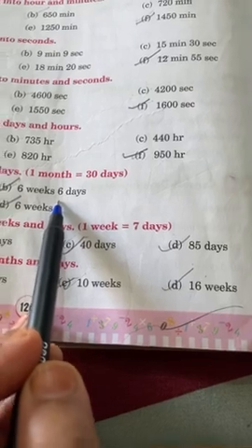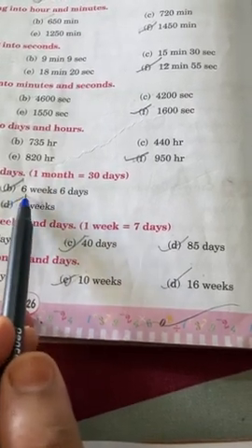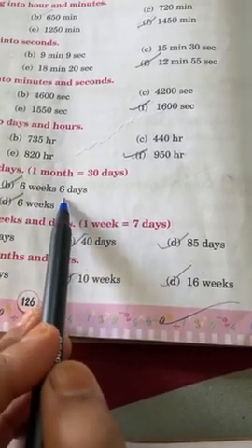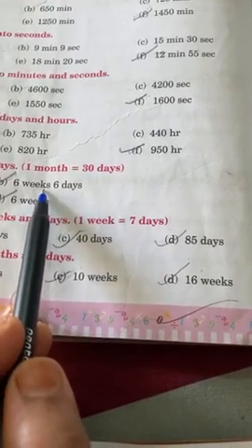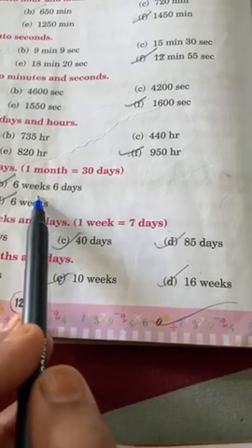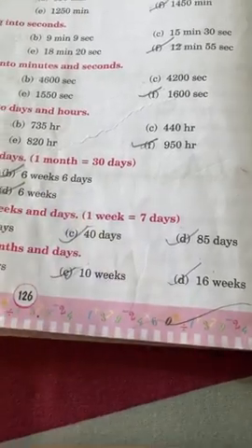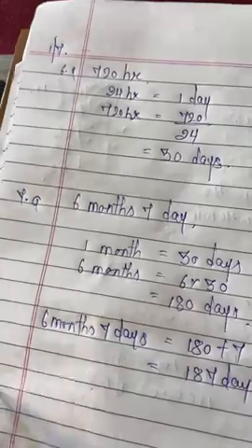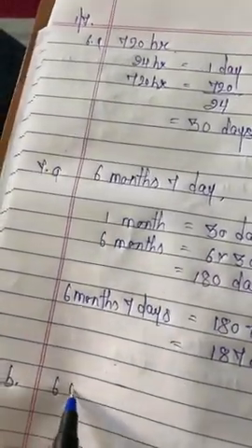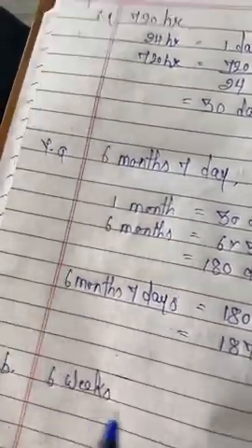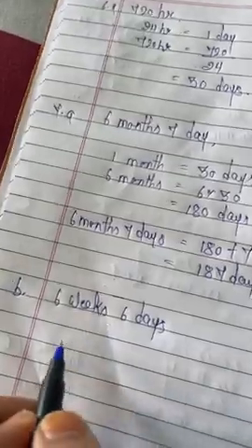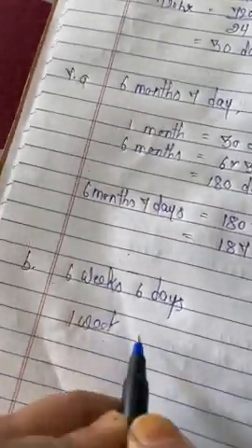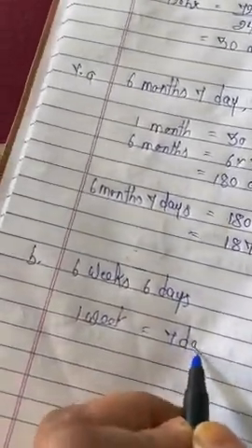Just have a look. Example number B, question number B. 6 weeks, 6 days. That means first we will convert these weeks into days and then we will get our answer. Okay. Just have a look. Question number B. 6 weeks, 6 days. Now as you know, 1 week is equal to 7 days.